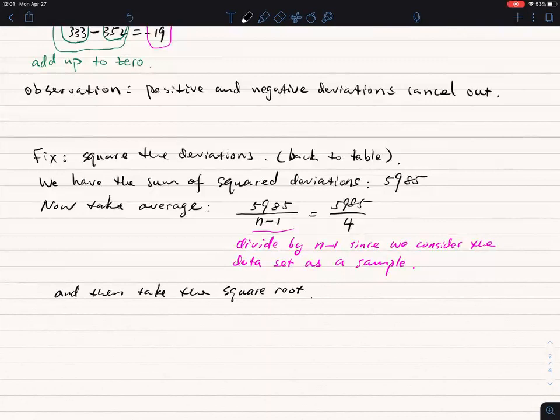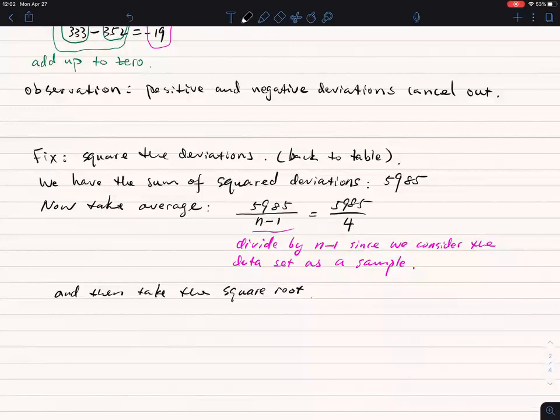Suppose we're talking about heights of students in my class. Then the unit would be, say, inches. When you find the deviations, you are still subtracting inches from inches, so the unit is still going to be inches.